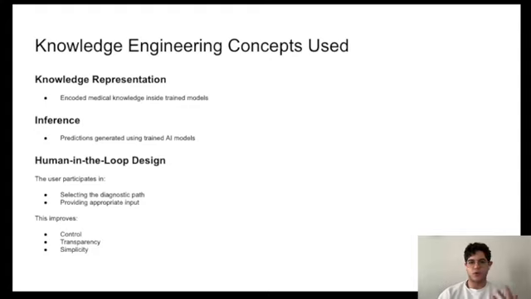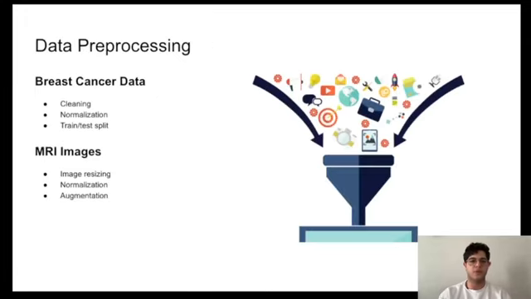The user only participates in selecting the model or providing the input data, and then it brings out the results they needed. So we have transparency, we have simplicity, and we have control over which model is required for the results you want.